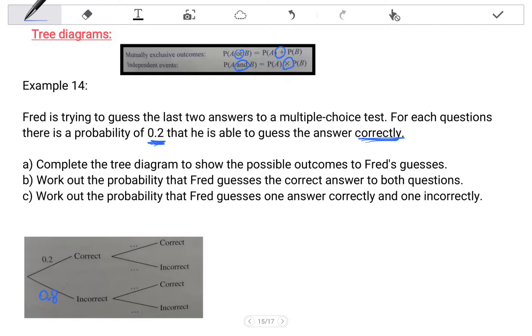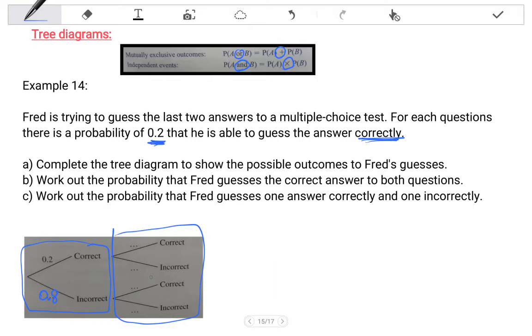For each pair of branches, so these are pairs here in the tree diagram, we have a sum of 1. The first set of branches shows the probability of guessing the first answer correctly or incorrectly. The second set of branches shows the probability of guessing the second answer correctly or incorrectly.